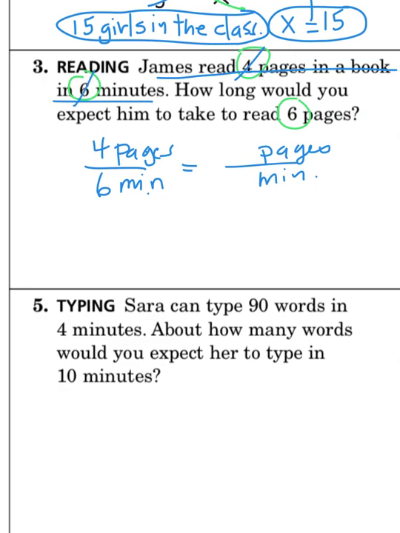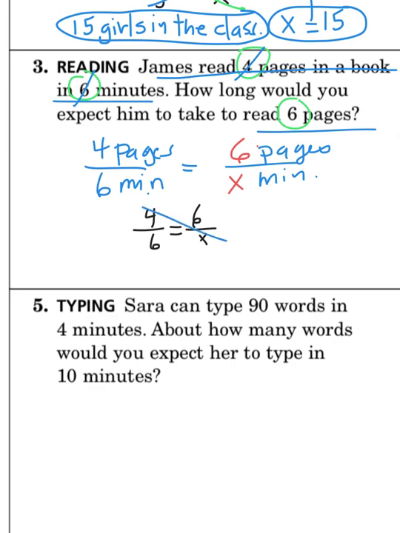How long would you expect him to take to read 6 pages? So I'm going to put that 6 right there because it says 6 pages. How long is how many minutes? There's my x. So now I have 4 over 6 equals 6 over x.